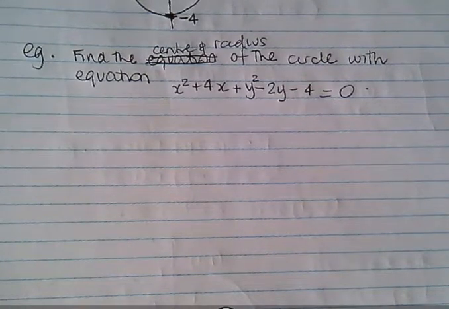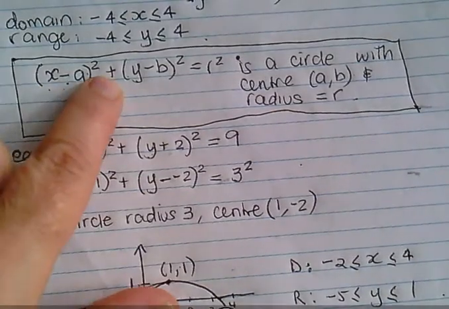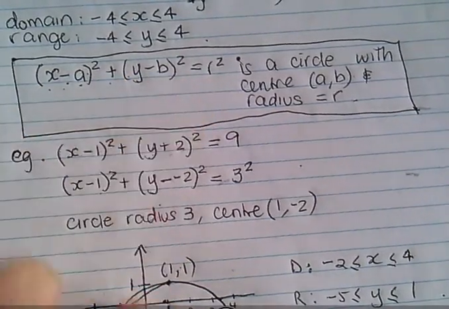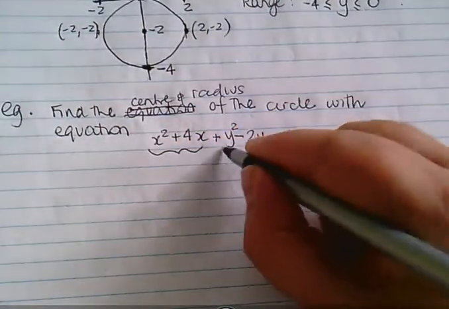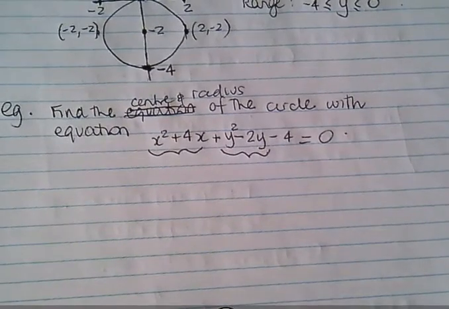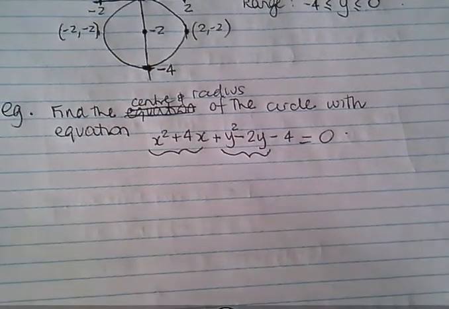Okay. When you look at the equation like that, you need to complete the square, because just think what the equation of a circle that you know its center and radius looks like: x minus a all squared plus y minus b squared equals r squared. So let's look at what we've got here. We're going to need to complete the square on this and complete the square on that. Let's take this -4, the constant term, and move it over.